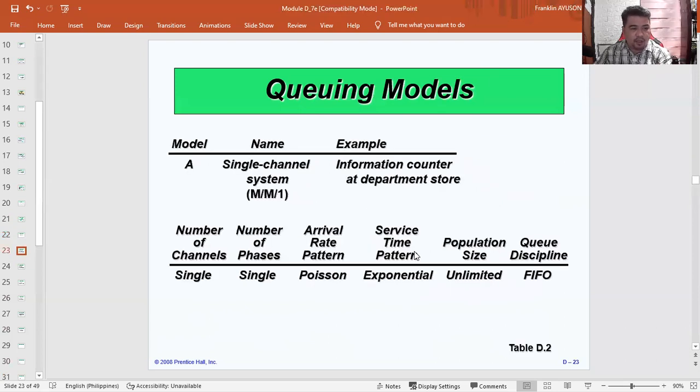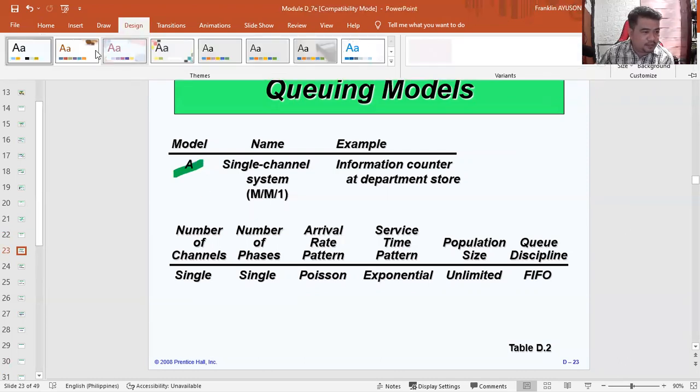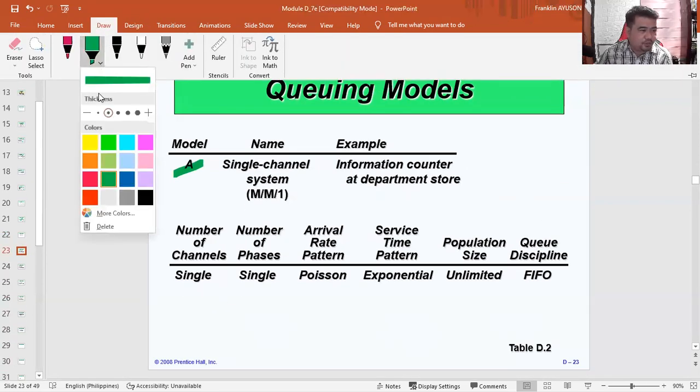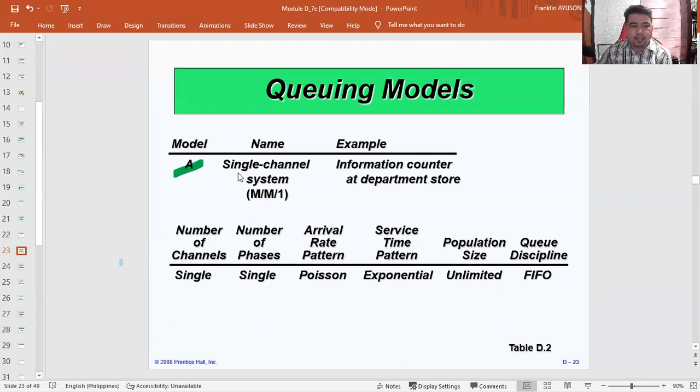Okay, sa mga model. So model A, okay, is M/M/1 or the single channel system. Okay, one example is the information counter at the department store.